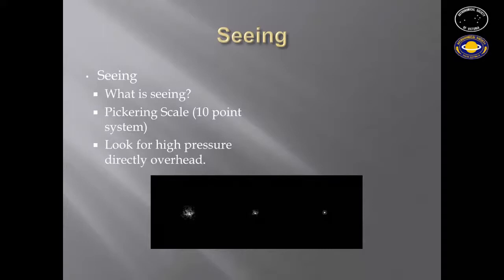People always ask me how do you determine what the seeing's like. On any given night, walk outside, have a look up, and look near the horizon first. The stars generally twinkle there.